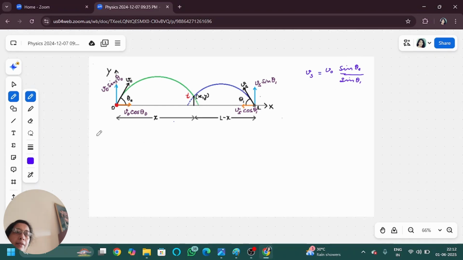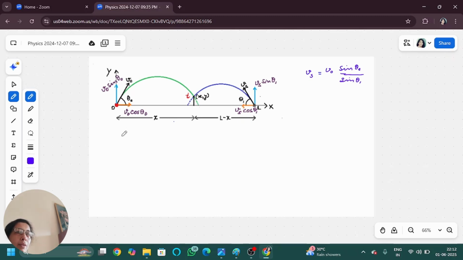Now we will solve for the time t when the collision takes place. For that we will put the value of Vs in equation 5, and that was Vs cos theta 1 t is equal to L minus V0 cos theta 0 t.